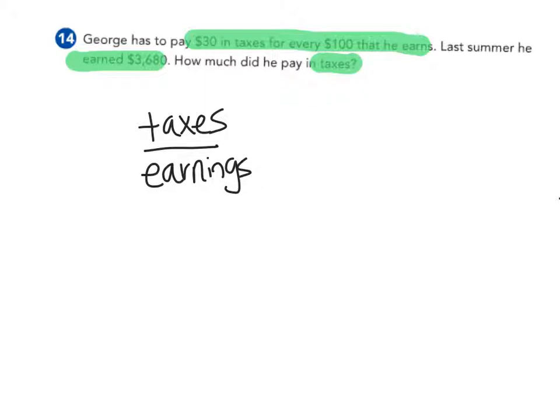The first ratio is going to be 30 over 100, which is equal to some unknown value over 3,680. I can call that unknown value X.